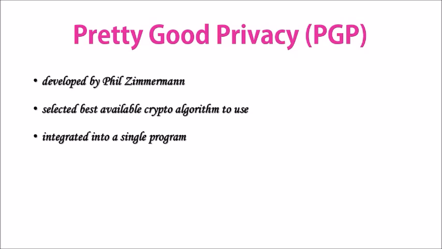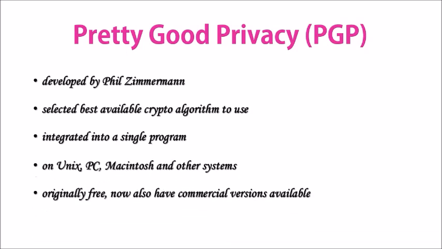It is largely the effort of a single person, Phil Zimmermann, who selected the best available crypto algorithms to use and integrated them into a single program. PGP provides confidentiality and authentication services that can be used for electronic mail and file storage applications. It runs on a wide range of systems, in both free and commercial versions.